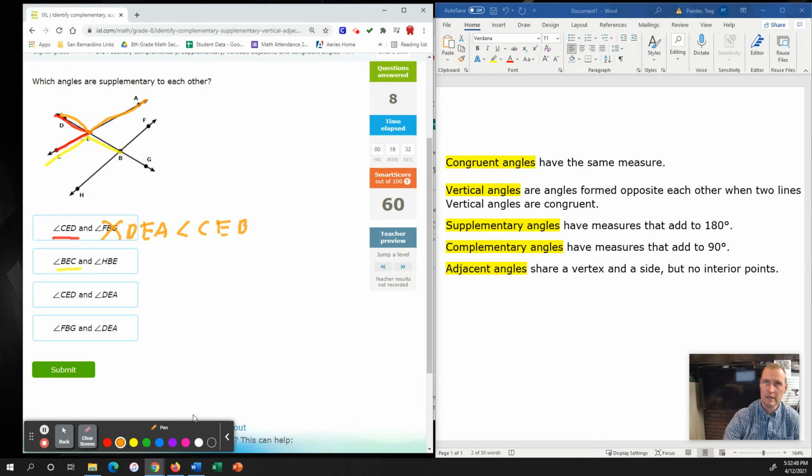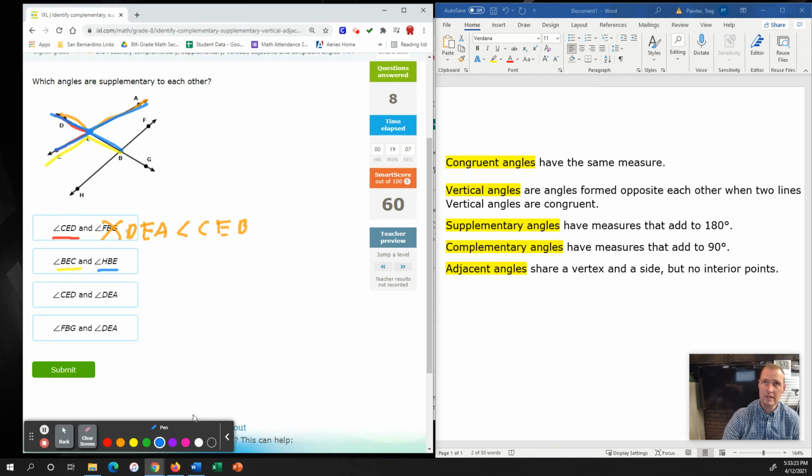A little bit more tricky. Because these are adjacent angles in the same opening, they would also add up to 180. But again, because it's an F and a G, the first one's still not right. Now, going back to BEC, the two angles that would go with that would be either CED or BEA, because they add up to 180 degrees.